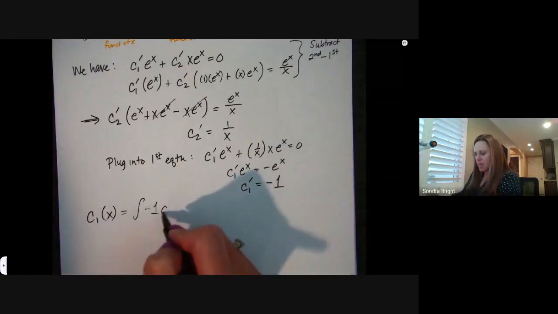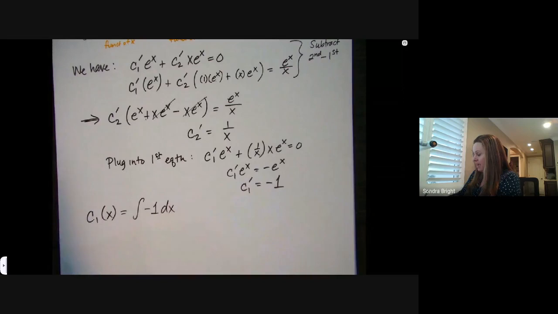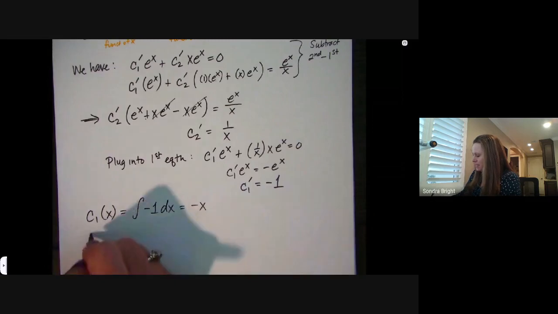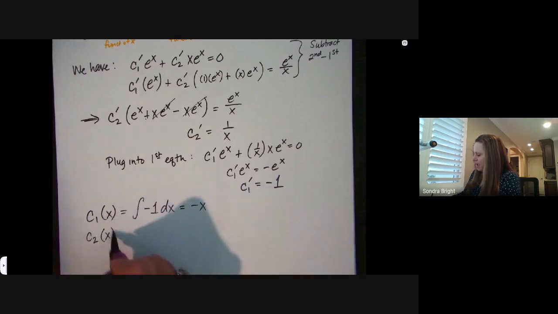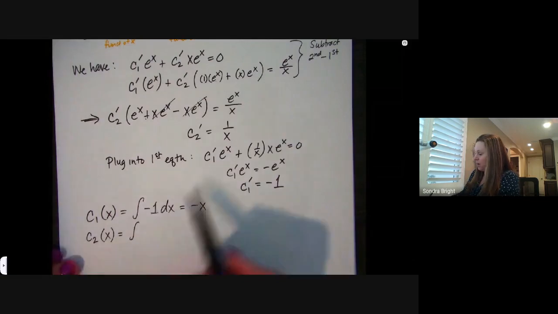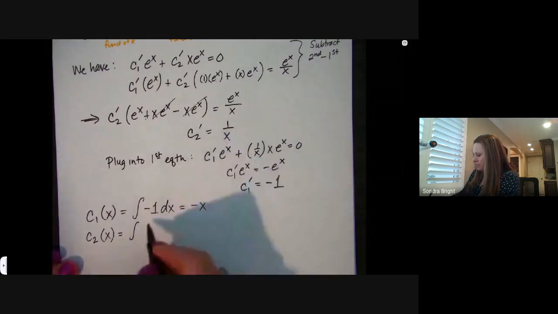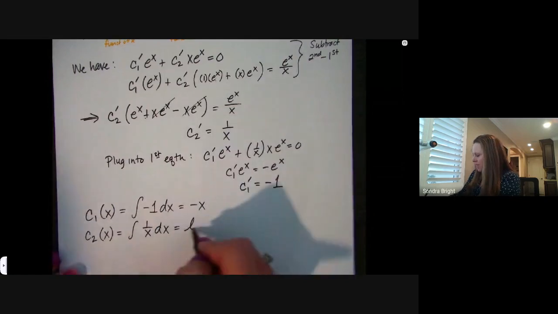And that's just negative x. And do the same thing with C2, some function of x, and you get it by integrating 1 over x with respect to x. And we know that that is the natural log of the absolute value of x.